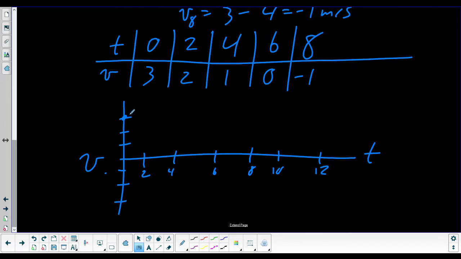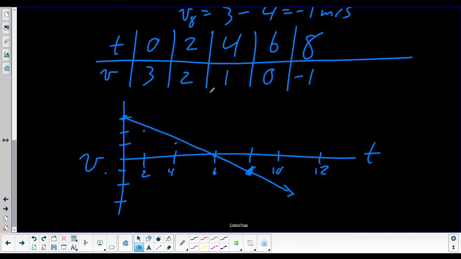Anyway. So 3, 2, 1, 0, negative 1, probably negative 2. Oh, that's so ugly. Try one more time. That's way better. You can tell I can't draw axes very straight.